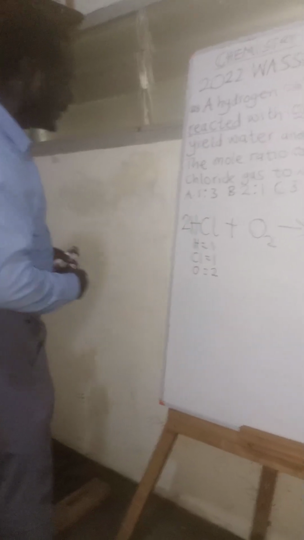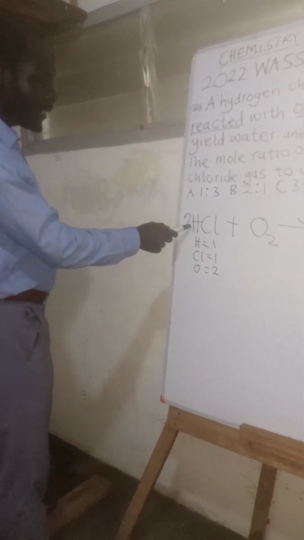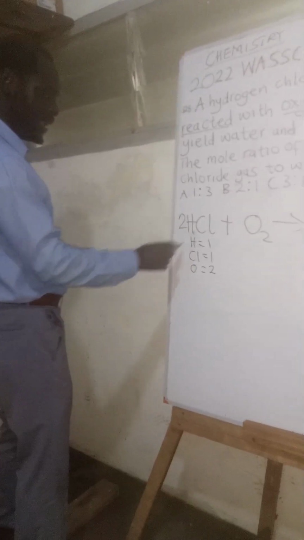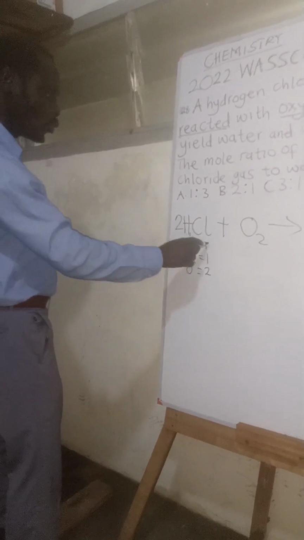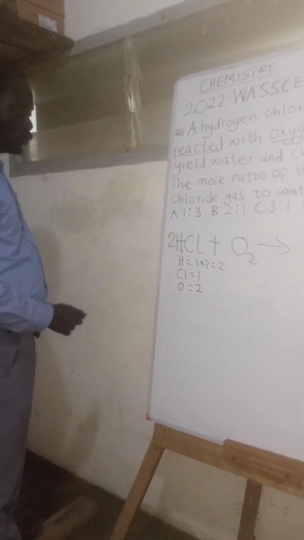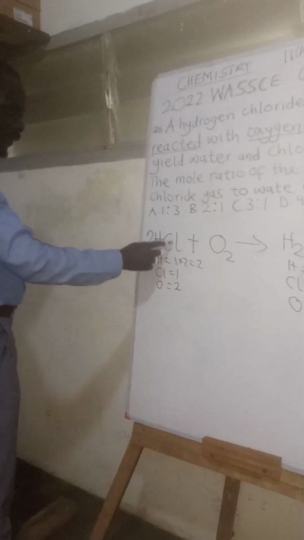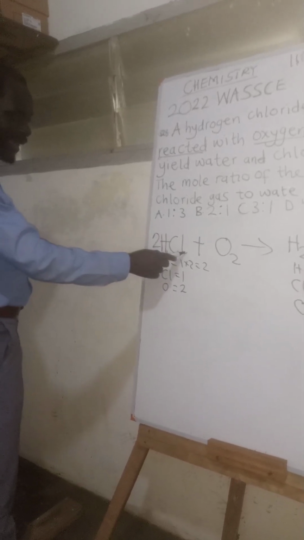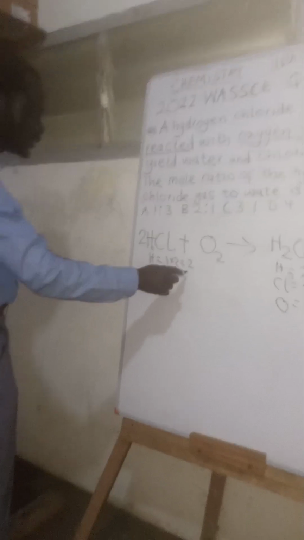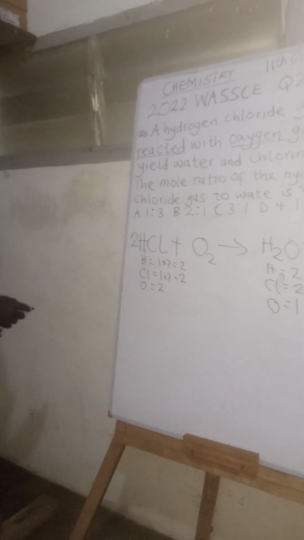So the hydrogen at the reactant side has become 2, because 1 times 2 gives us 2. The same 2 also affects the chlorine, which was 1 at the reactant side and now becomes 2 atoms of chlorine.